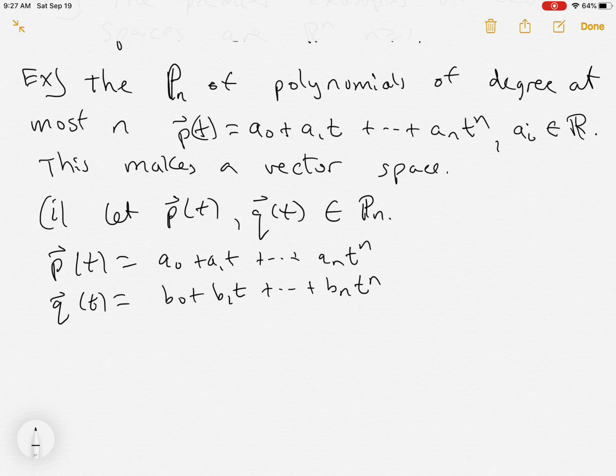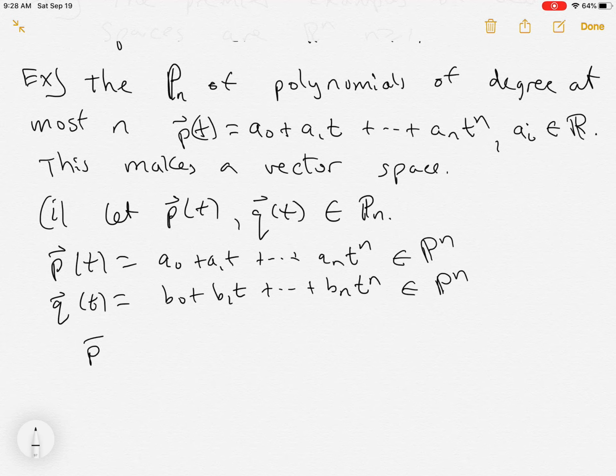And remember from Math 100, these coefficients can have a bunch of zeros in them. In fact, they can all be zero. So this guy is in P_n, and this guy is in P_n.